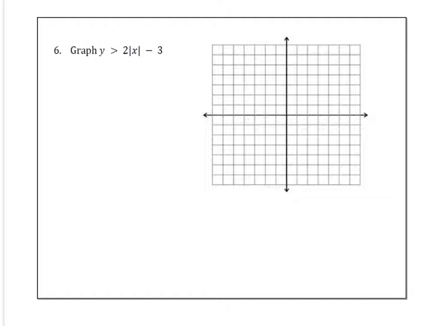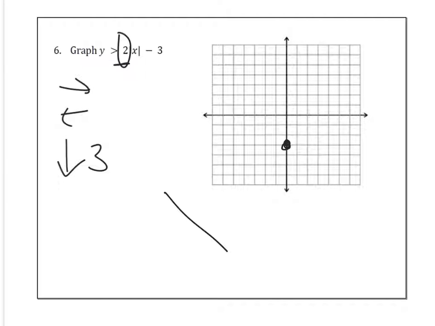So number 9, ooh, I threw a 2 out front. So now it's not going to move left or right, but it's going to go down 3. And this 2 in front is going to actually make it more narrow. So my original graph is going to be just down 3, so I'm going to go right here.